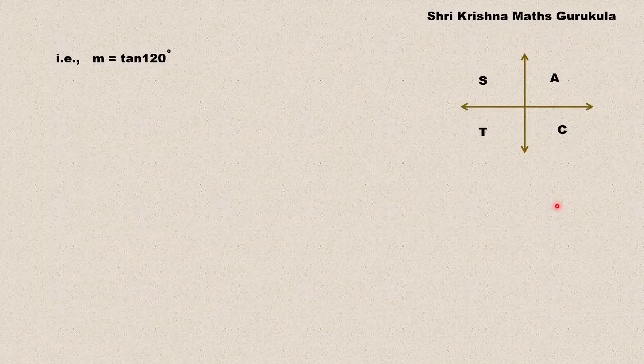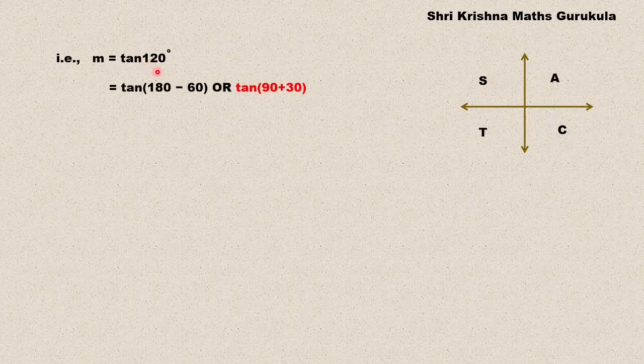Now, what is tan 120? As per the ASTC rule, 120 lies in the second quadrant and the tan function is negative in the second quadrant. Tan and cot both are negative. So, tan 120 can be written in two ways: tan of 180 minus 60 or tan of 90 plus 30. Correct? When we represent any trigonometric function in terms of the quadrant angle 180 degrees, the trigonometric function remains the same. It does not change to its cofunction.